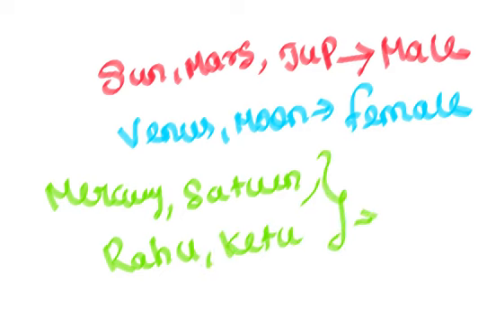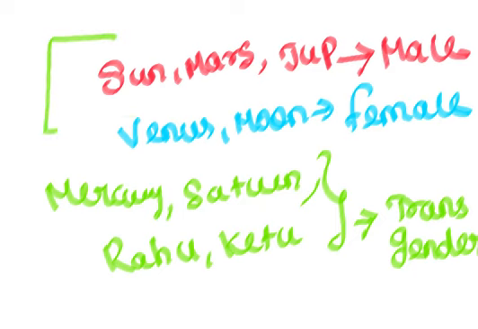These four planets are nothing but transgender, that is, they can be either male or female. So these are the basic genders of the particular planets in astrology. It has been stated for so many years and is accepted in the astrological world.